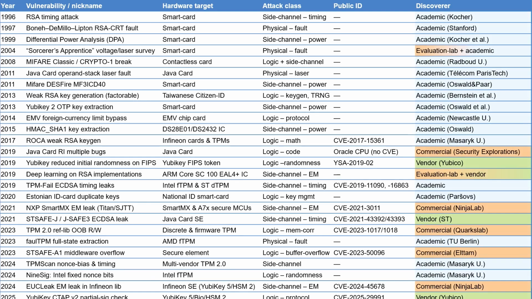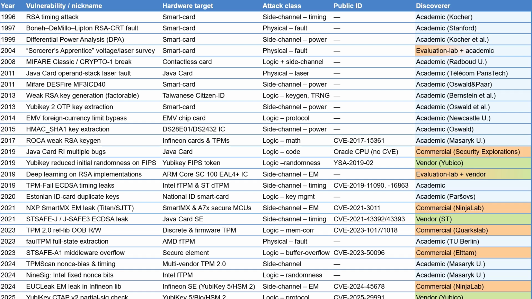And if I will, okay, I lost colors. Okay, you can see it. If you look at who was responsible for finding these, you can see that initially it was mostly academia. Blue is academia. The orange ones are independent evaluation laboratories.